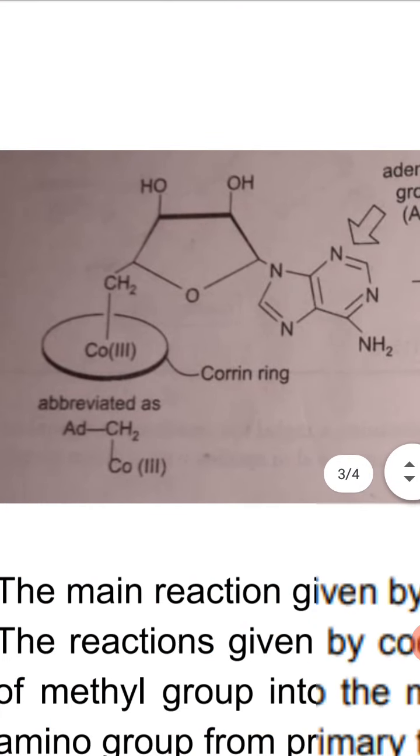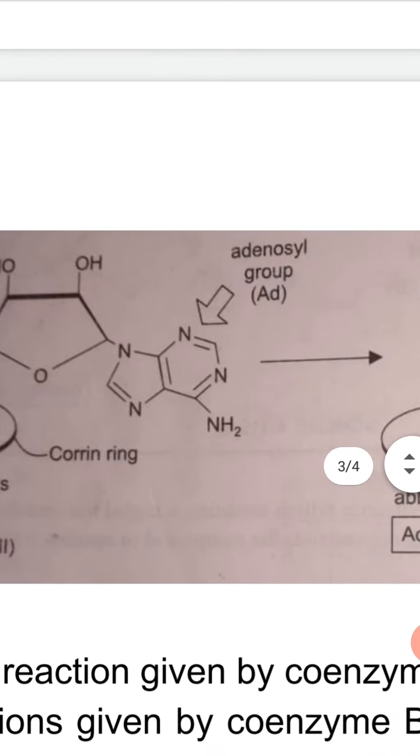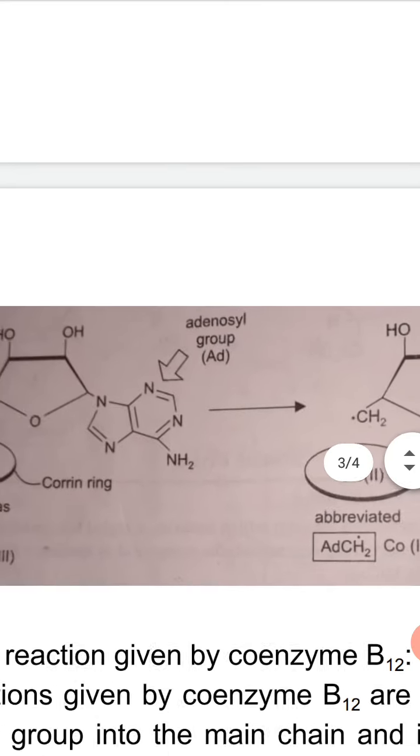Here is the structure of coenzyme vitamin B12, abbreviated as AD. It has a corrin ring, in the circle, in which cobalt 3 is present, and it has an adenosyl group, which is a heterocyclic ring.